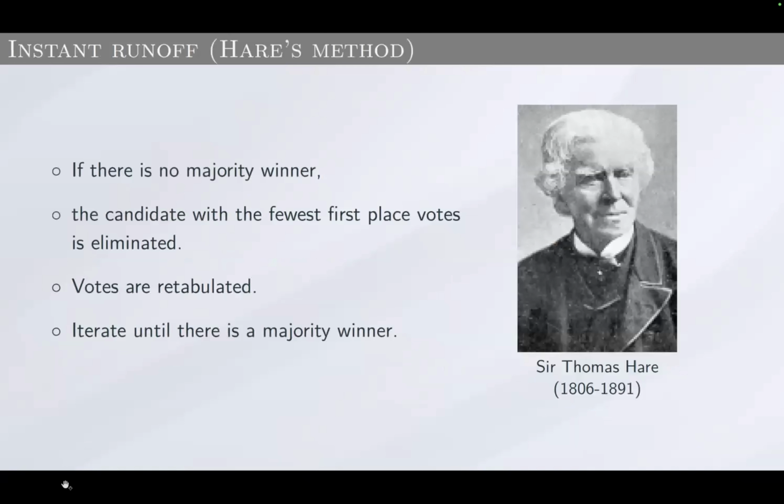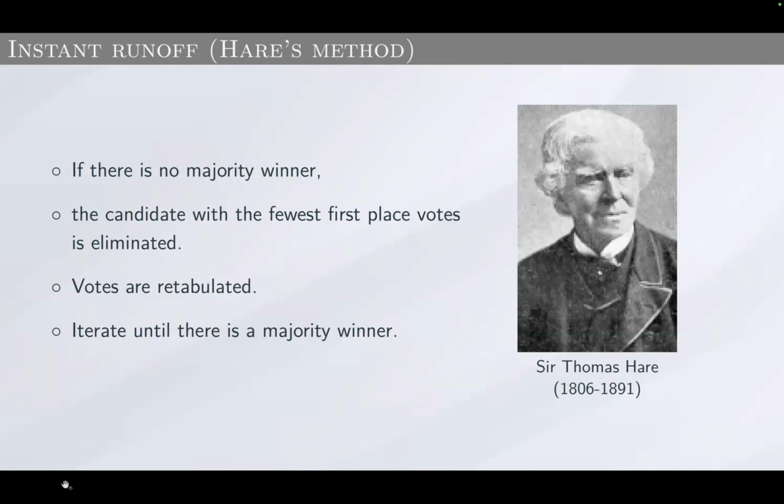One of the most common algorithms to tally ranked votes is called instant runoff, or Hare's method. Basically, if nobody has a majority of the votes outright, right when you look at all the ballots, nobody has won more than 50% of first place votes, then you take the candidate with the least number of first place votes, you eliminate them, and you pass down their votes to the second choice of the voters who had that candidate as the first choice.